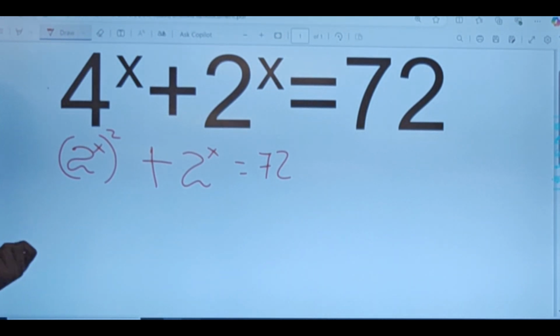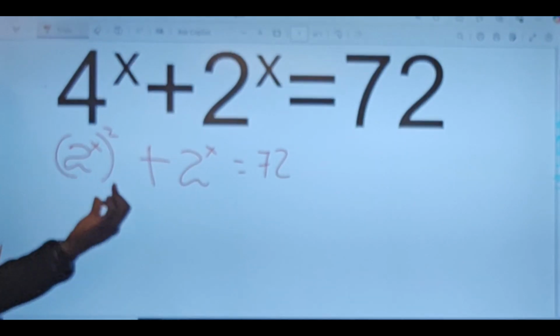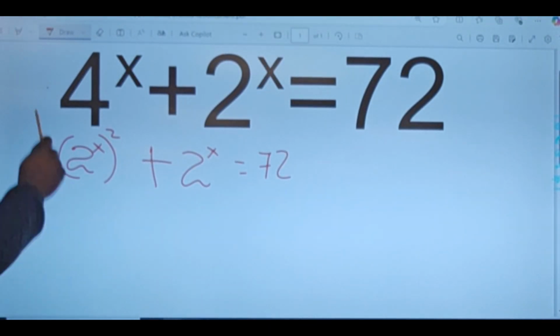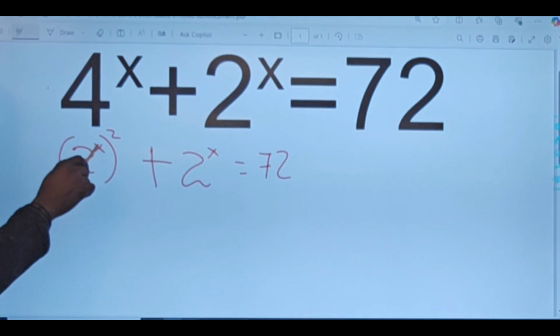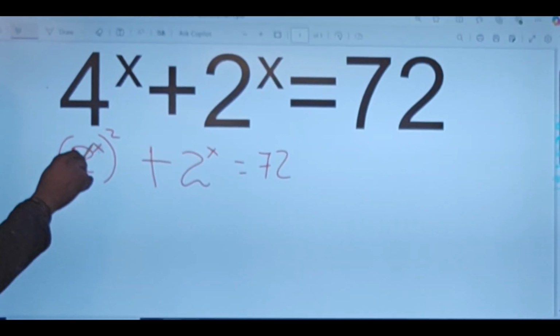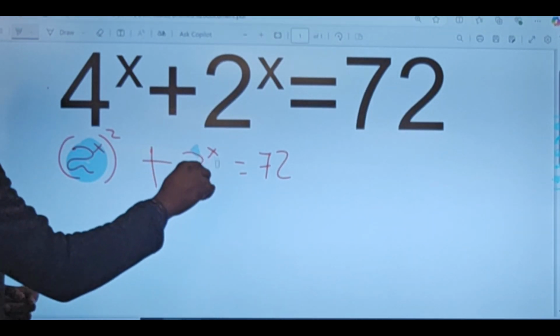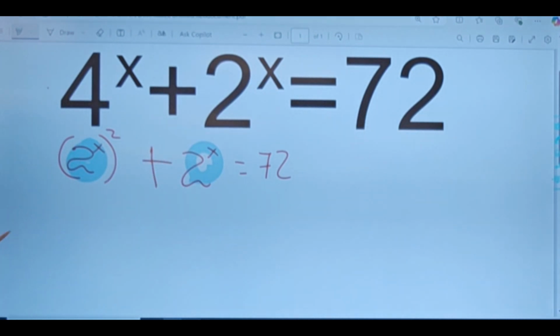What this does for this question is that it is actually giving me a quadratic form right now, where I am now able to say, hey, I could take 2 to the x and make it y, or I could make it any variable I want.